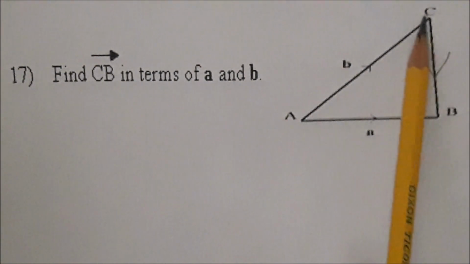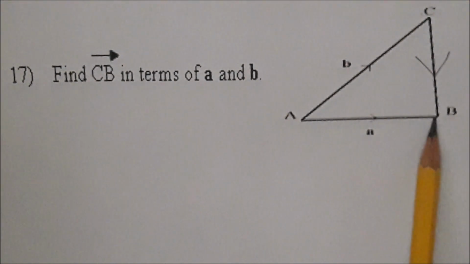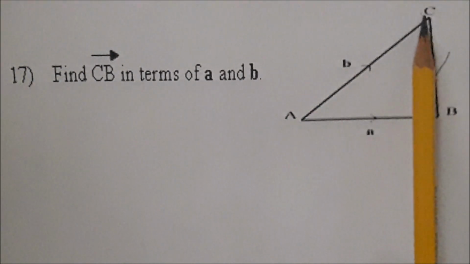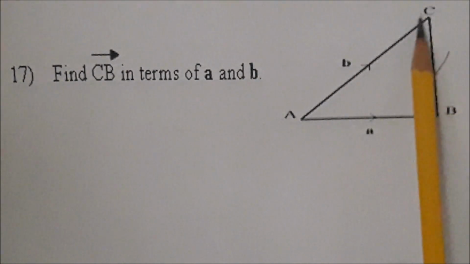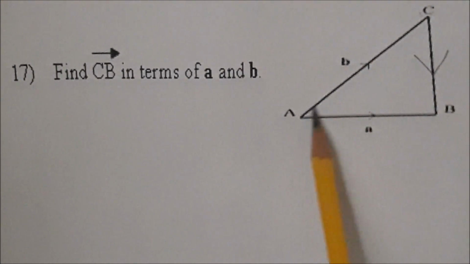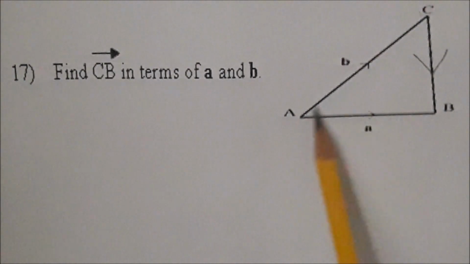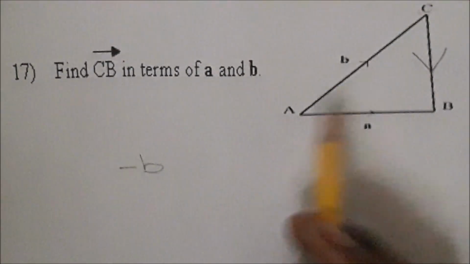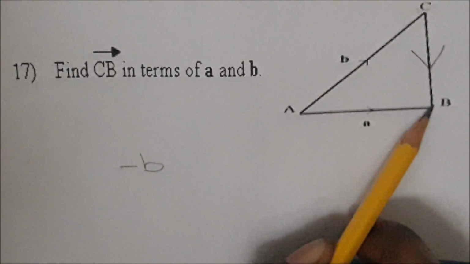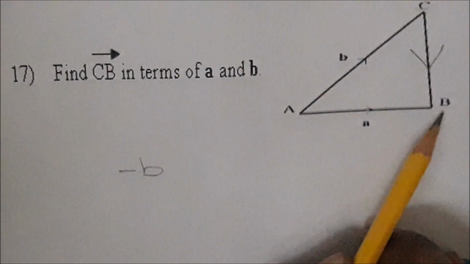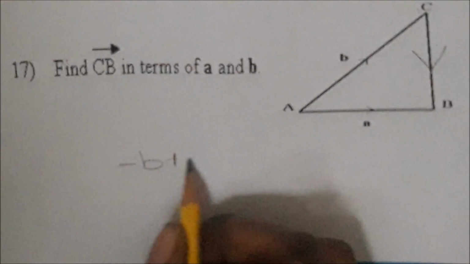The tail is C. The head is B. We will start from the tail. Now as we move down, we can see that the B is going in the opposite direction of our tail, which will make this negative B. Very good. If we move this way to our head, we can see that the A is going in the same direction, which will give it a positive A.